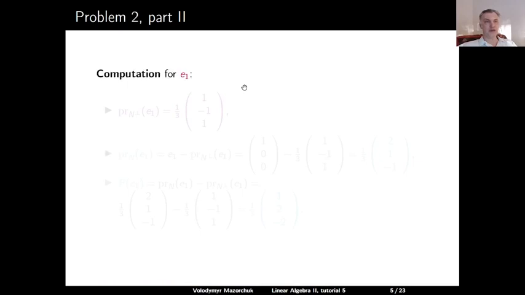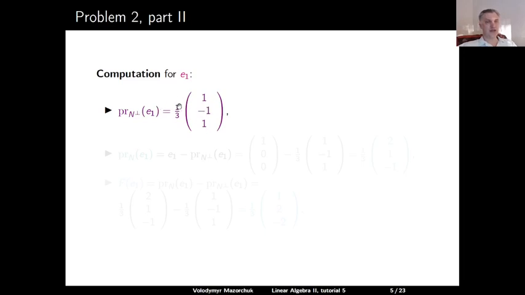So here is a computation for the vector E1. The projection of E1 onto the orthogonal complement to n is given by the vector v, which is (1, -1, 1), times the fraction where the denominator is 3, so this is the scalar product between v and v, so this is 1 squared plus (-1) squared plus 1 squared, and then the numerator is the scalar product between E1 and v, which is 1 plus 0 plus 0, so this is 1.